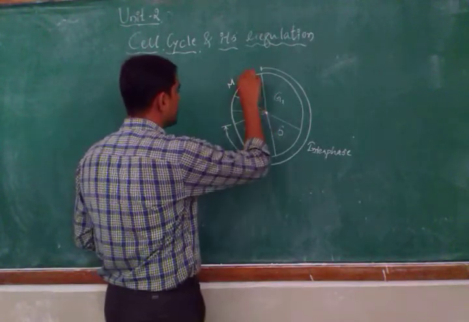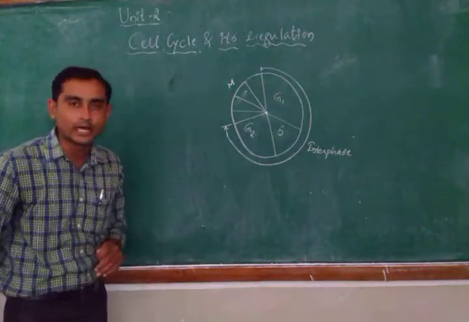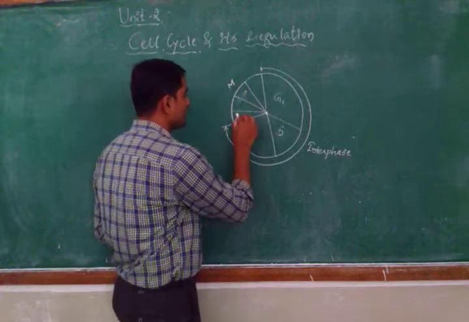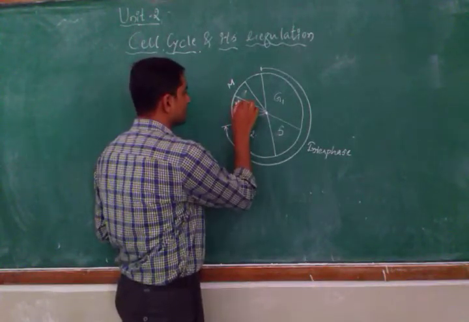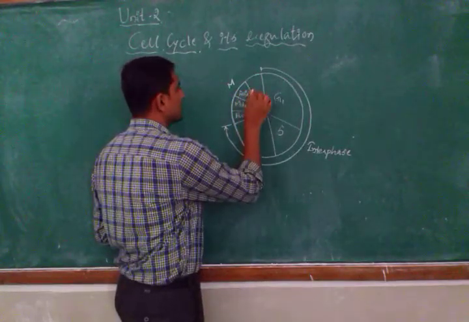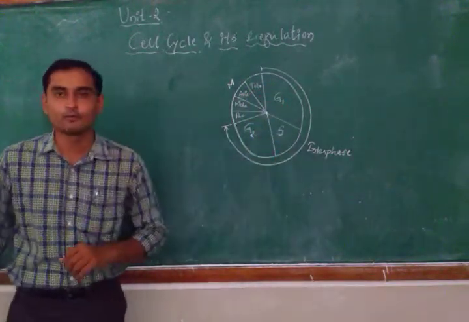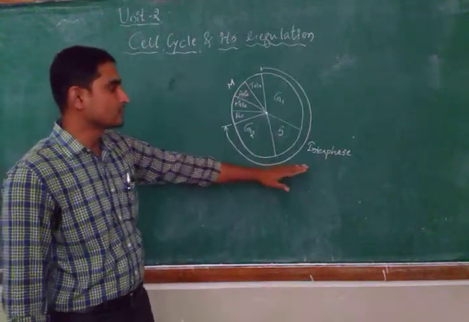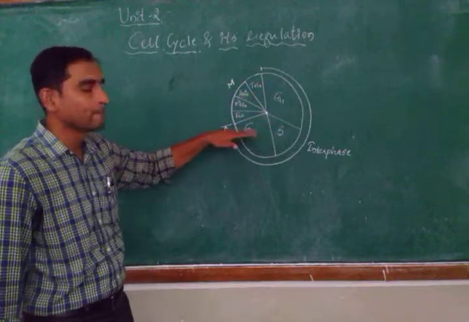And as we have studied mitosis in previous classes, we know that there are 4 subphases of M phase. One is prophase, second is metaphase, third is anaphase, and fourth is telophase. So there are 4 subphases of M phase, and in case of interphase you get 3 phases: G1, S and G2.